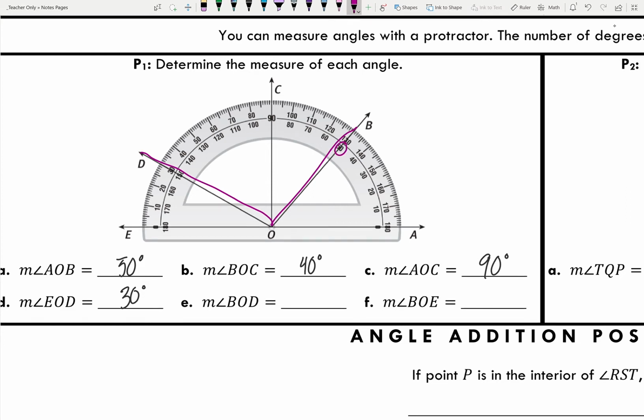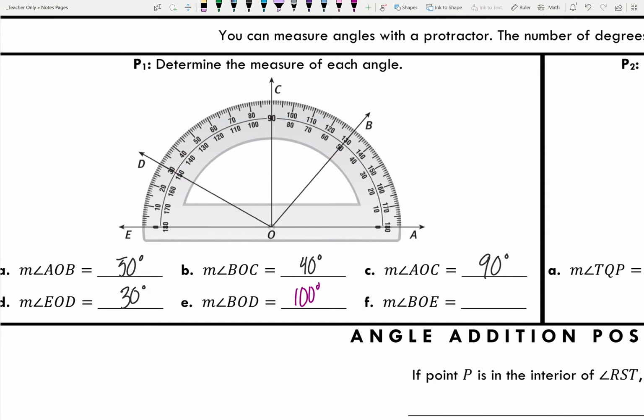D intersects at 150. 150 minus 50 is 100 degrees. And that looks right because it looks like a slightly obtuse angle. So it's 100 degrees. So when I'm looking at the bottom number on one side, I have to look at the bottom number on the other side when I'm subtracting.